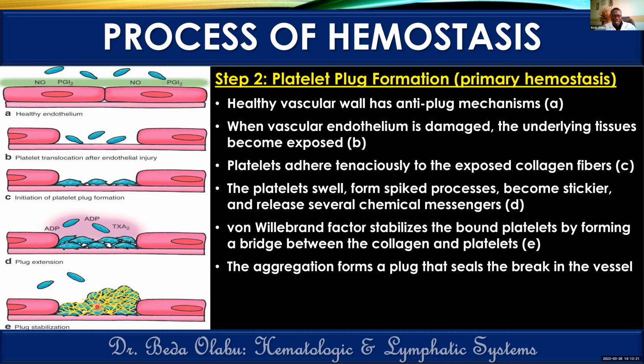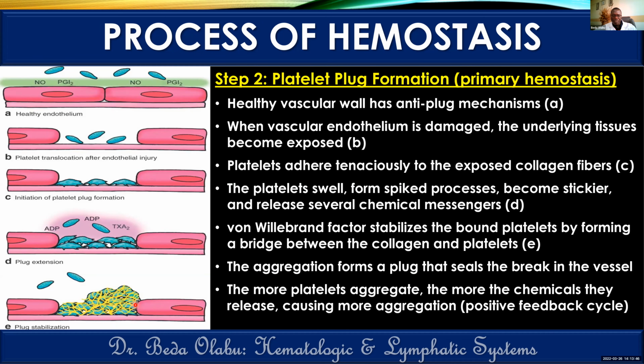So in the image E, we are seeing here that the plug has fully formed and it has been stabilized by von Willebrand factor. So the seal has been formed, and this prevents leakage of blood through that defect. This is what we're calling primary hemostasis.